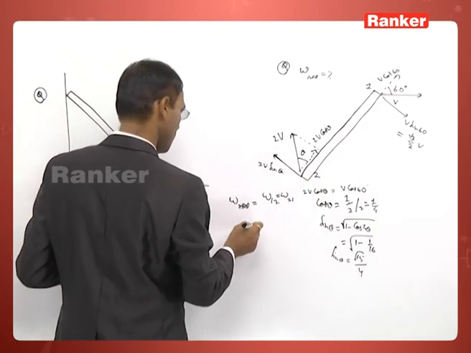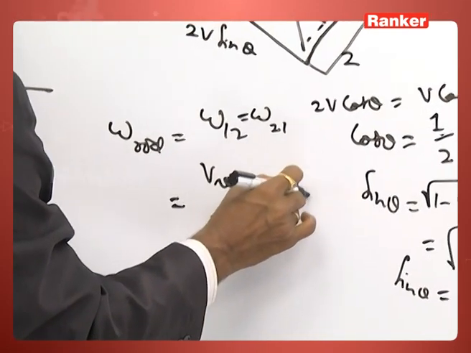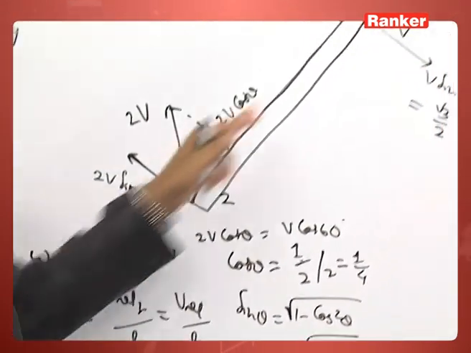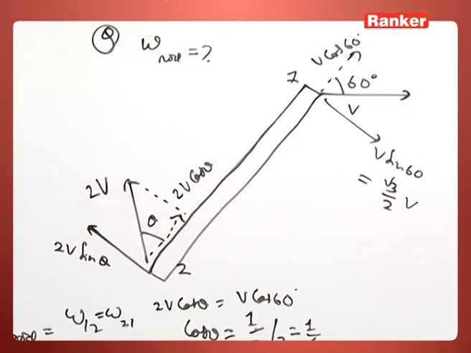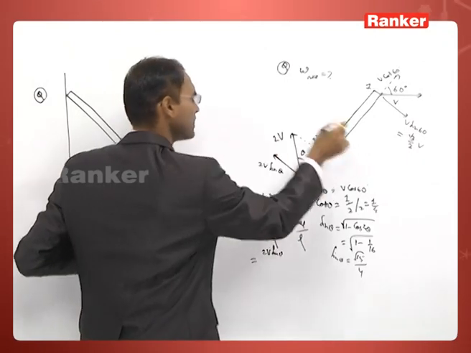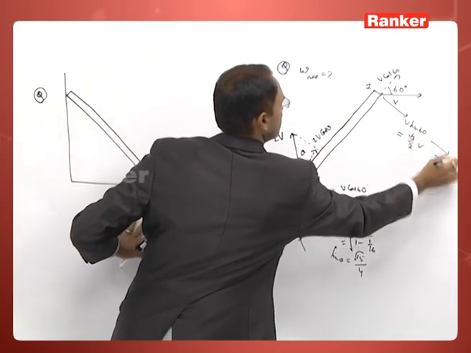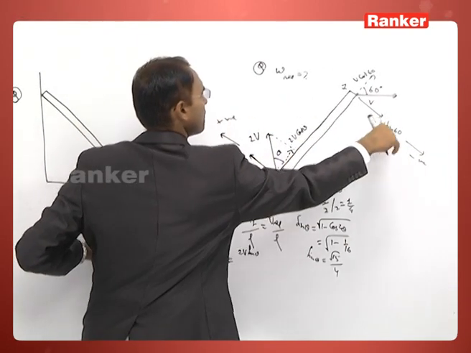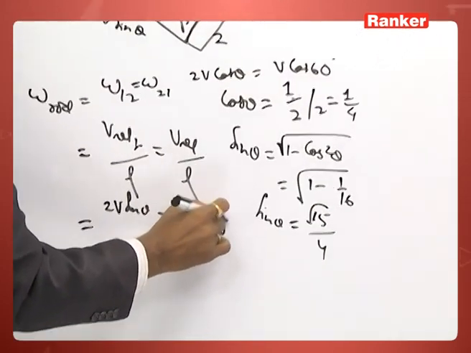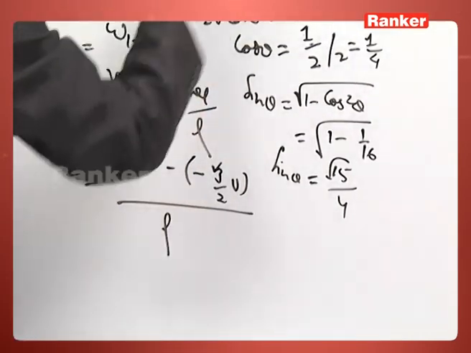Perpendicular to the rod, that is v relative perpendicular by L, or v relative by L, because there is no relative velocity along the length of the rod between these 2 points. So this is 2v sin theta in positive direction, suppose this direction is positive, this direction is negative, minus of minus root 3 by 2 v. This is the relative velocity along this line, divided by L.